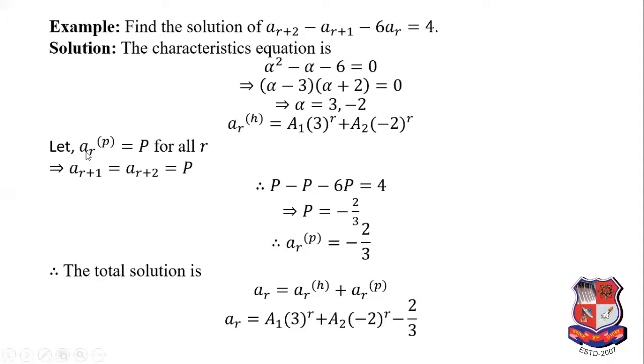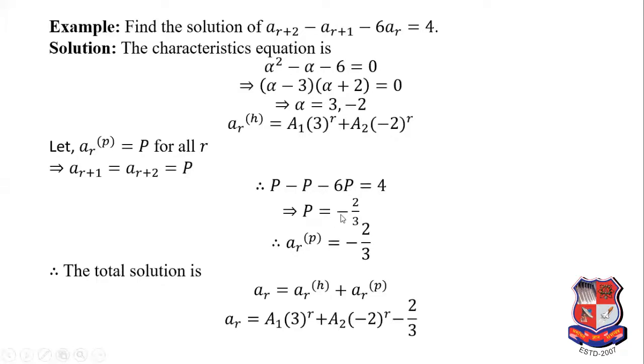For that, let's assume a_r^(P) is equal to P, as it's a constant, for all r. So as a constant, for a_(r+2) as well as for a_(r+1), we'll get P. If you substitute all the values in the given recurrence relation, we'll get P minus 6P equal to 4.